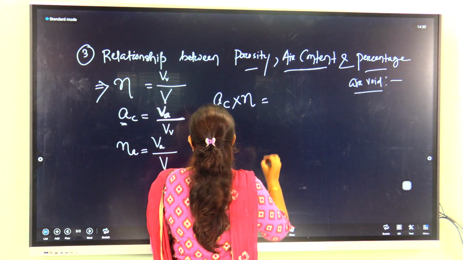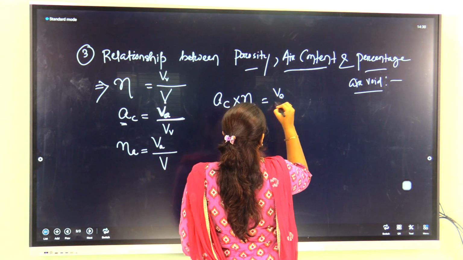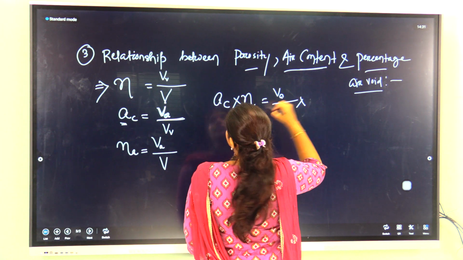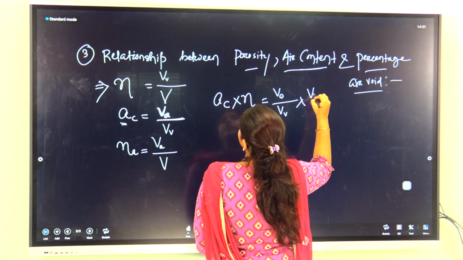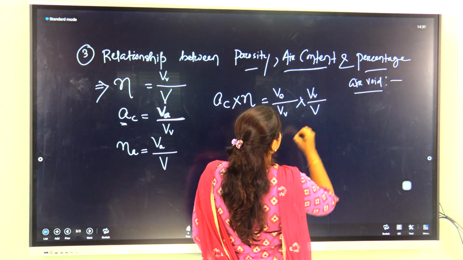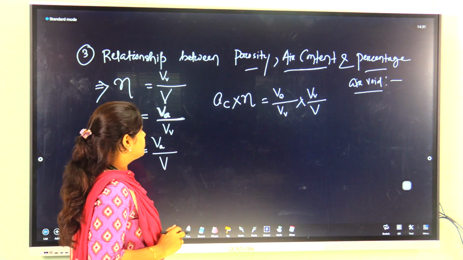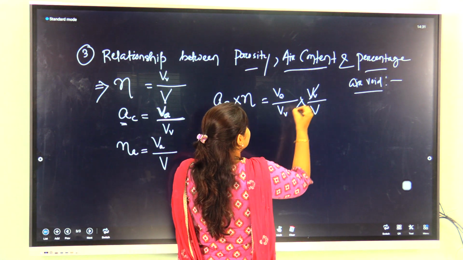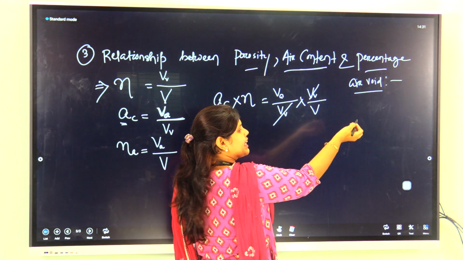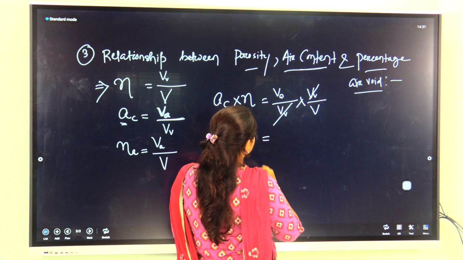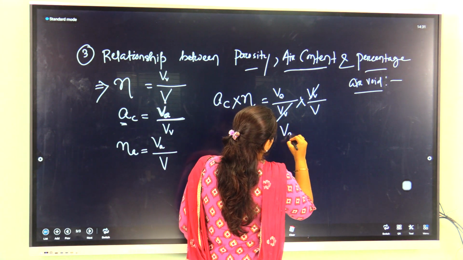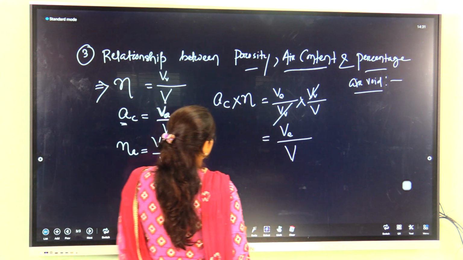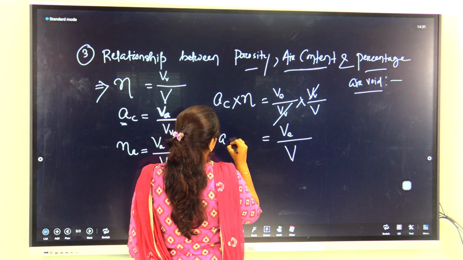we will get Va upon Vv with Vv by total volume. So, here volume of void and volume of void will cancel out. Va upon total V will be here.